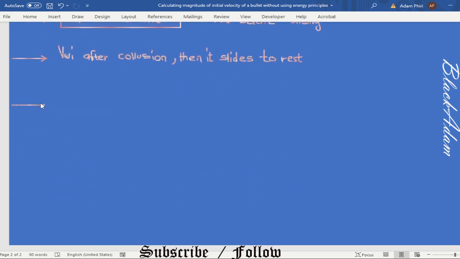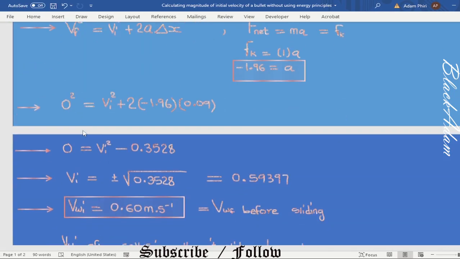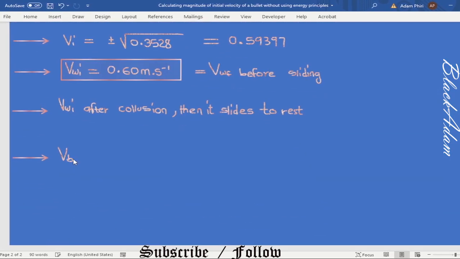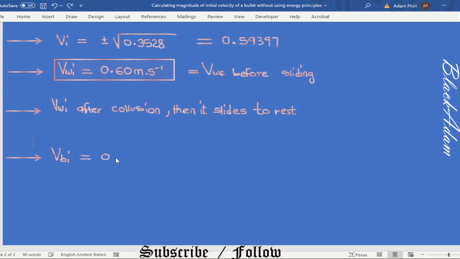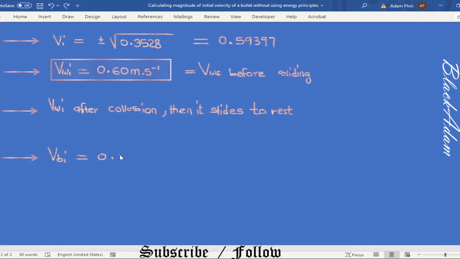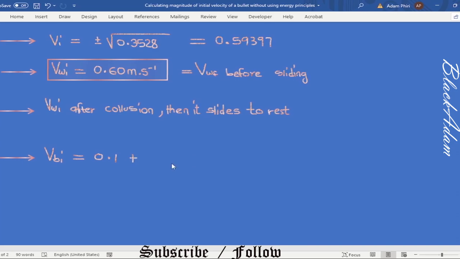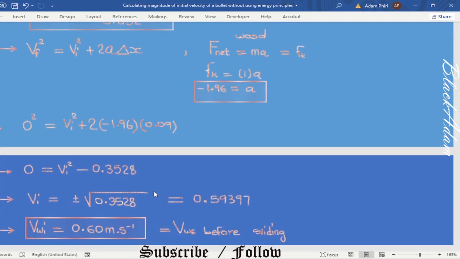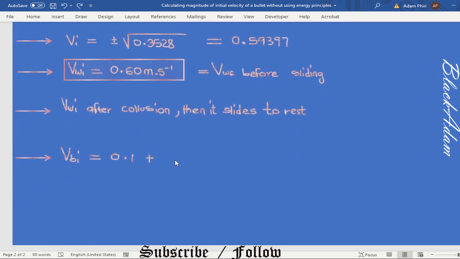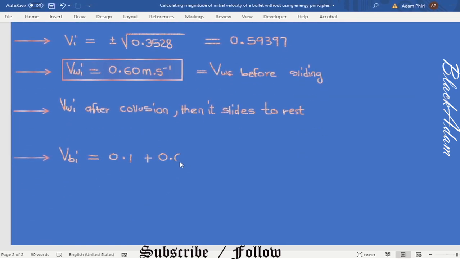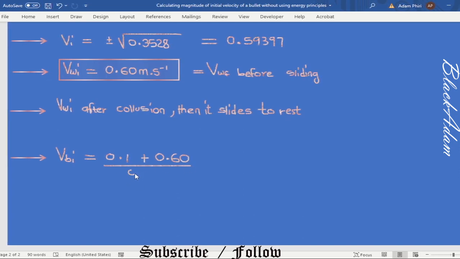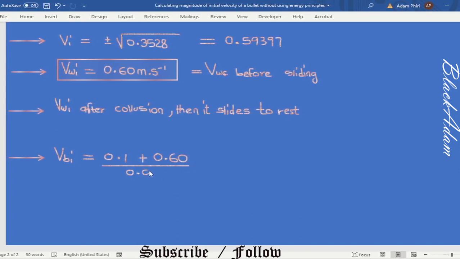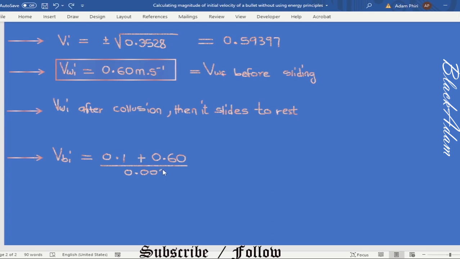And now what we do, we go to the previous equation where we have Vbi equals 0.1 plus Vwf, which is 0.60, all of that over 0.002.